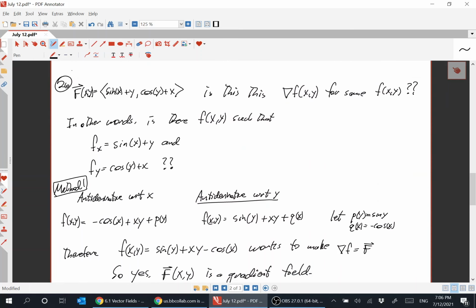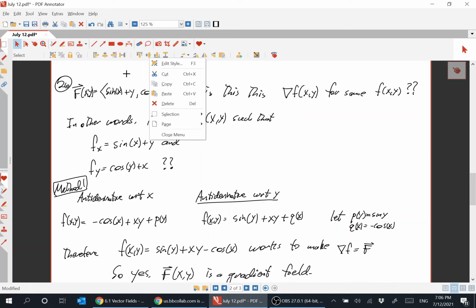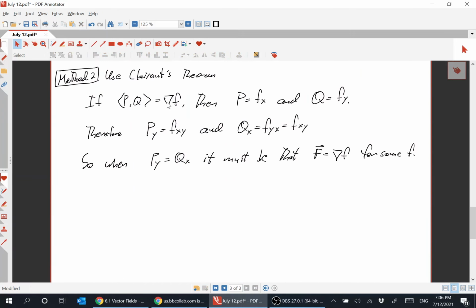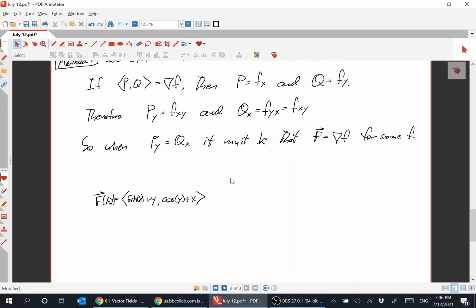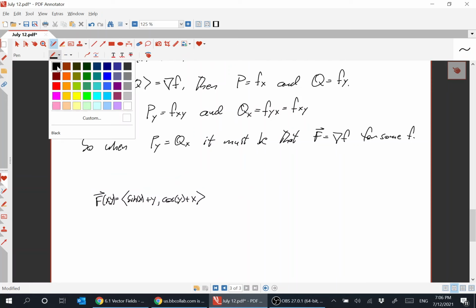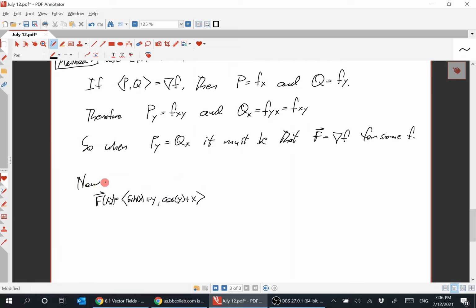So with this vector field here, for F equal to this, P is equal to sine x plus y, and Q is equal to cosine y plus x.